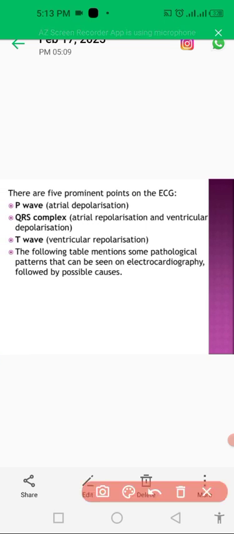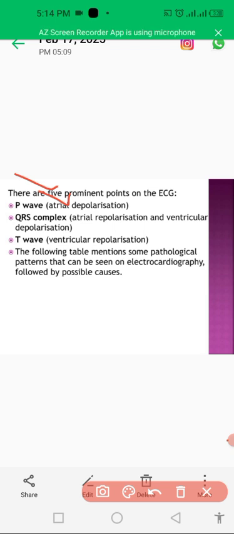Now here in this picture, five prominent points on ECG are recorded: the P wave, Q wave, R and S waves, T wave, and often we can get a U wave as well. So in this way these different points represent different cardiac activities. Like the P wave shows atrial depolarization, meaning atrial contraction.